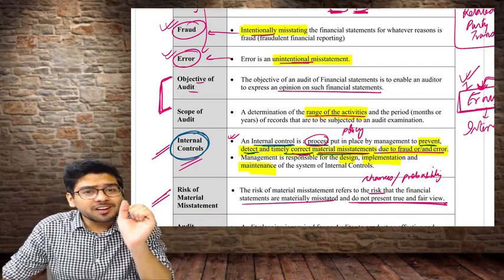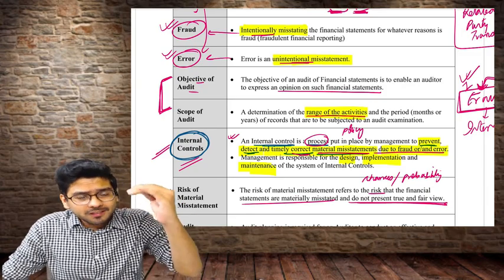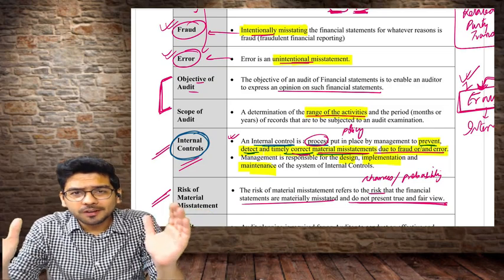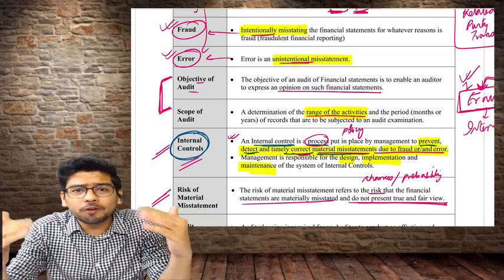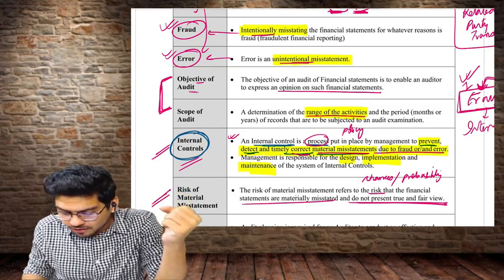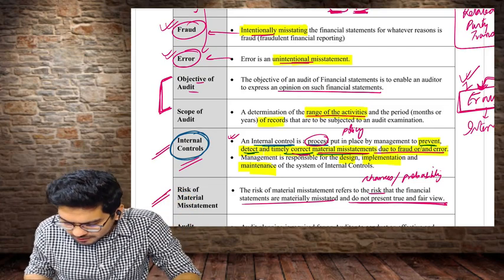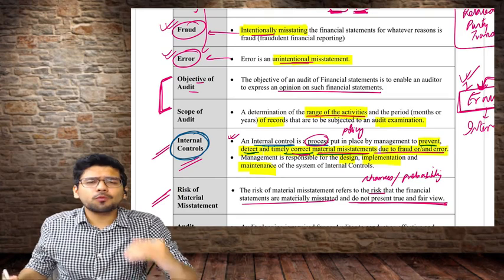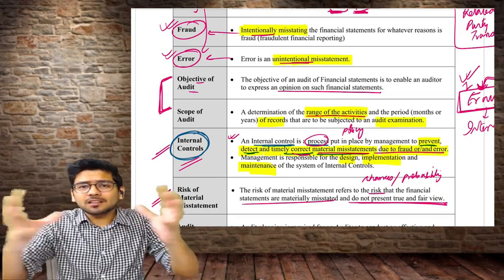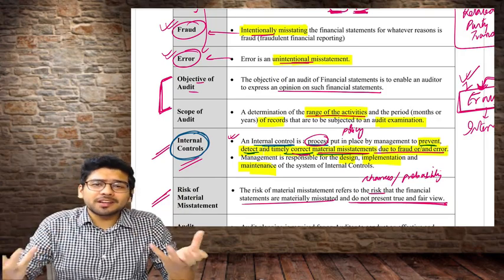Scope of auditing means all the things she needs to check in order to give an opinion on the financial statements. So it is the determination of the range of activities and the period of records that are to be subjected to an audit examination. Scope is basically the area, the things which I need to consider in my audit.